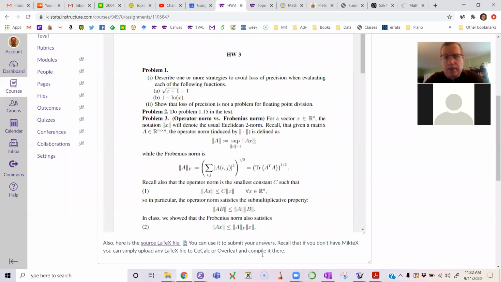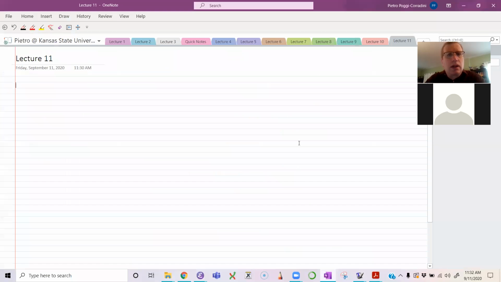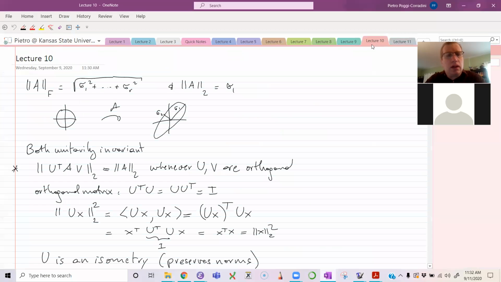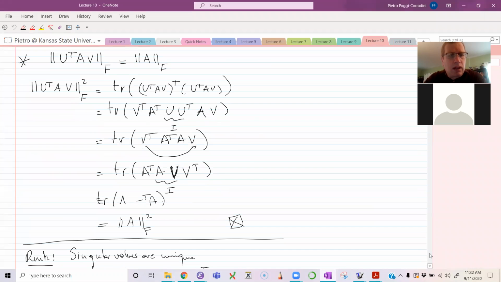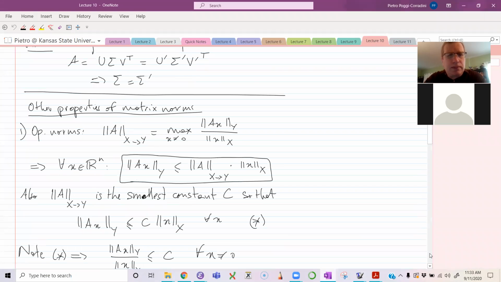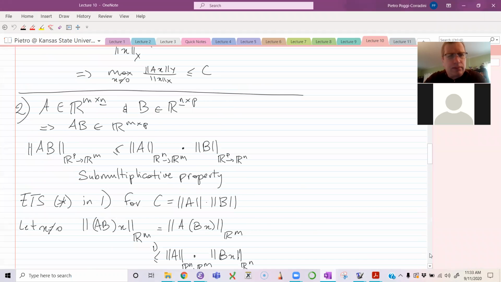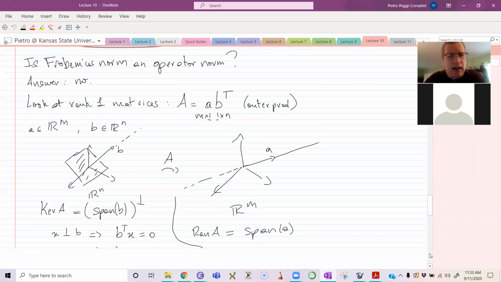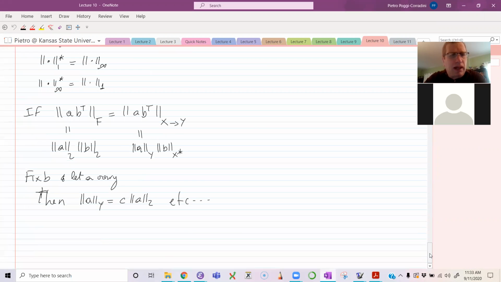So last time we were talking about operator norms, and I think we are done now with that. There was one step where I kind of blanked out. Then I went back to it later.